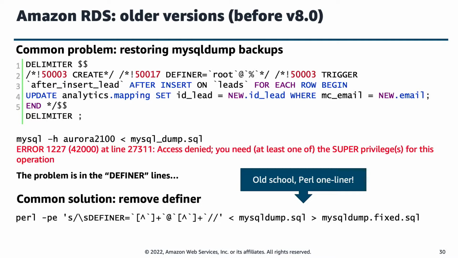It's not good for security, but it's the most convenient way. You connect to MySQL using your root user, and you create your triggers, your functions, your stored procedures. When mysqldump produces the dump file, it will include CREATE DEFINER and so on for each trigger. And when you try to restore it into the cloud database, you will get this.